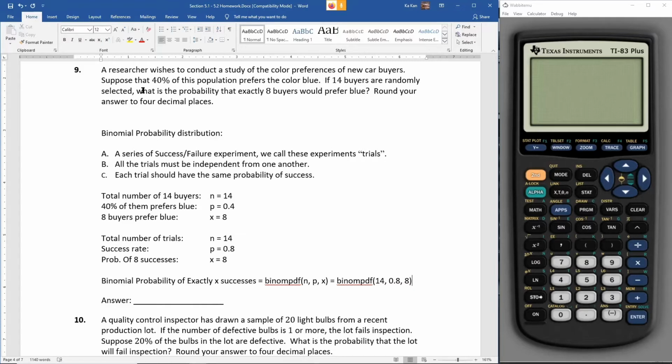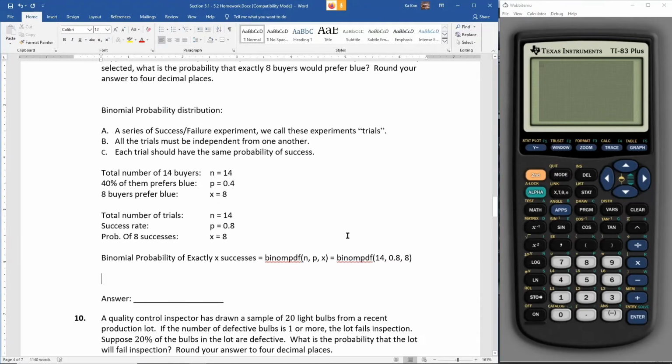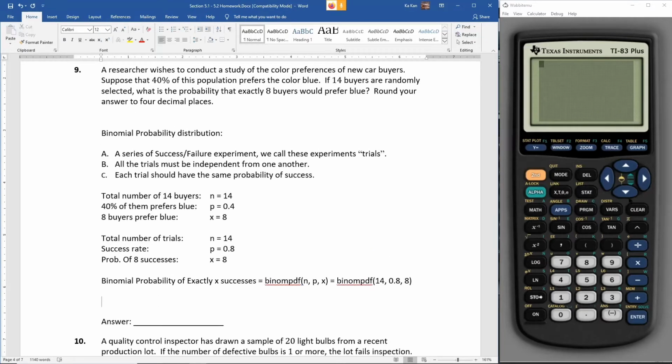Of course, all this doesn't mean anything right now until you put it in the calculator. So how do we get to the calculator? Here, you have to first press second, and then variables, like that.